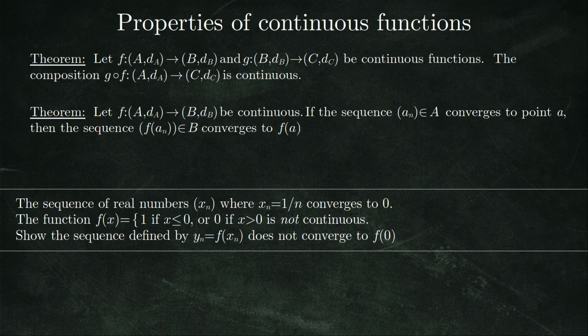But then if we take the discontinuous function f of x, which is 1 for any x that's less than or equal to 0, or it's 0 if x is greater than 0. So this is clearly not continuous, there's a step at 0. Show that the sequence given by f of x_n does not converge to f of 0. Okay, have a go on your own, then I'll put the solutions up.